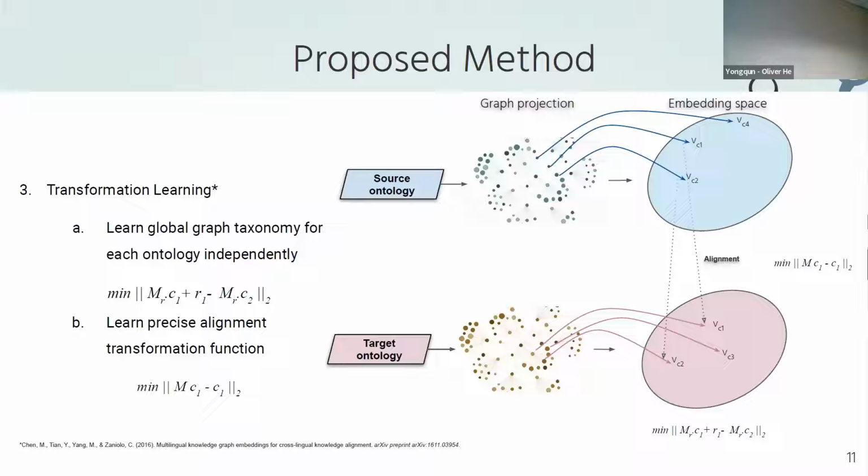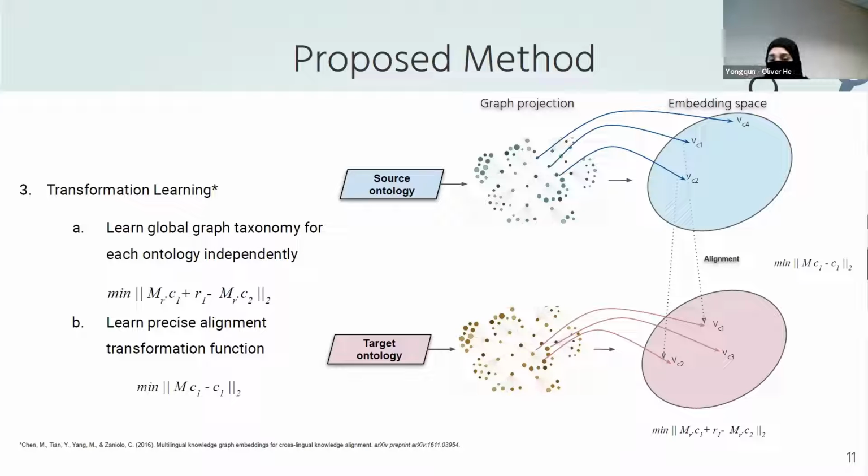So basically, you can imagine that if we have those embedding spaces, we're trying to find a transformation that aligns the classes together, and hence we can find classes that are not yet found by the lexical matcher that we started with.